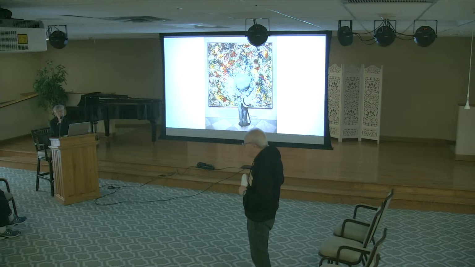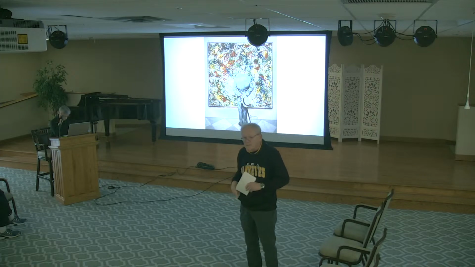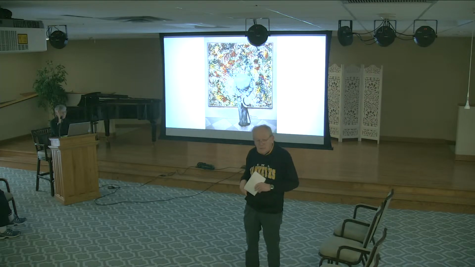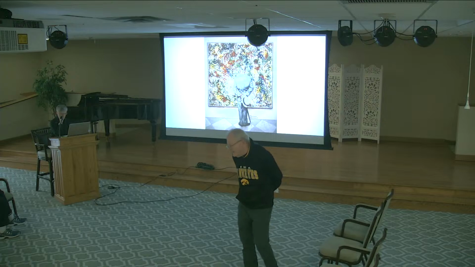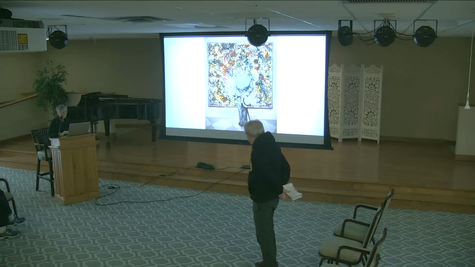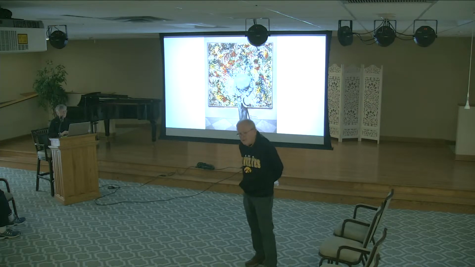What interests me the most about the gentleman standing with his back to us in front of the canvas is, what is the expression on his face? Anyhow, so we're going to start off with Norman Rockwell.